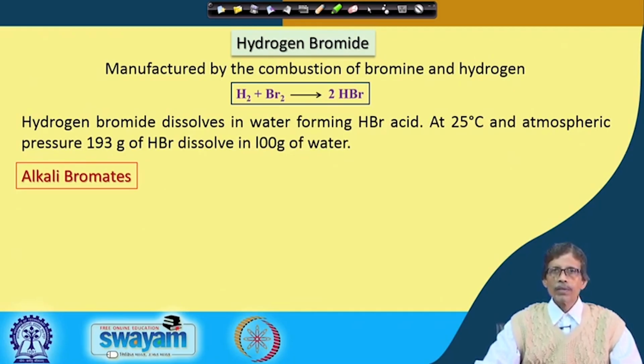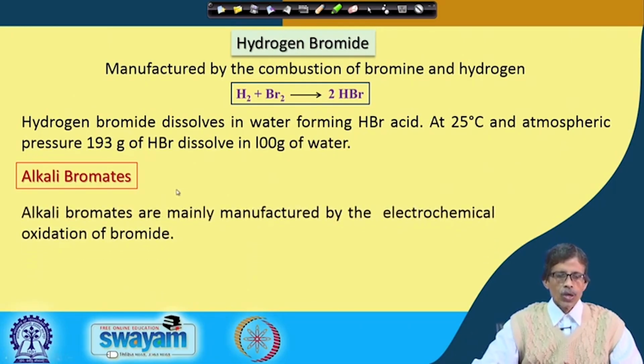How are we getting these bromates? Again it is manufactured from the starting material Br2, like our HBr formation. That HBr, when reacted with bases, that means sodium hydroxide, potassium hydroxide or lithium hydroxide, gives the corresponding alkali bromide salts.